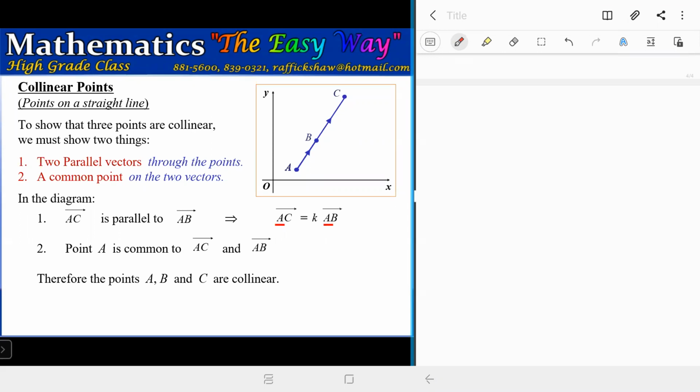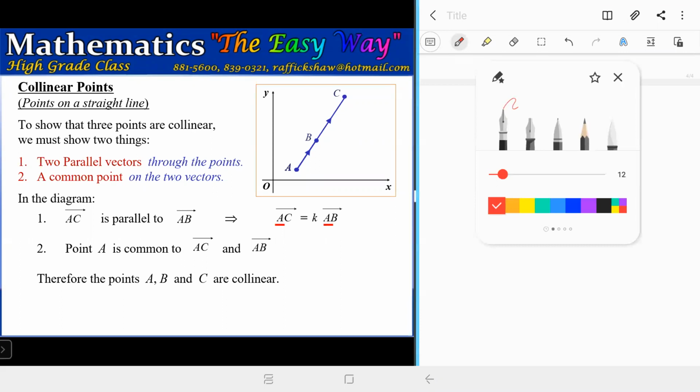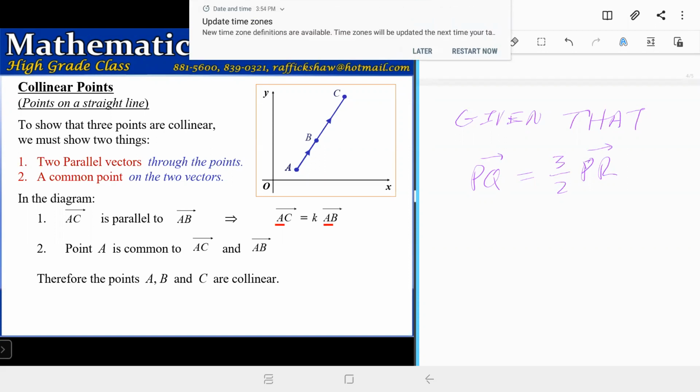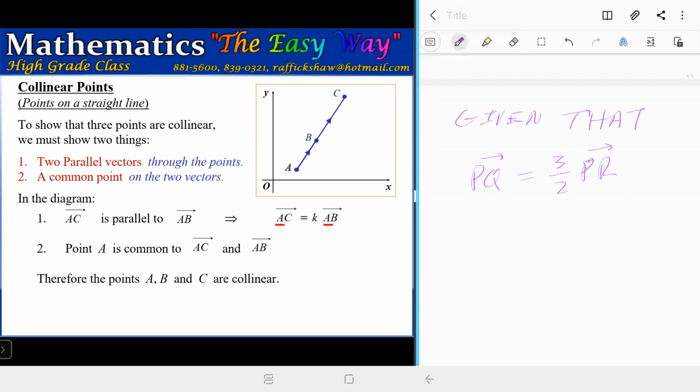Now, remember too, it can also be a case where they give you a relationship and you have to know that the points are collinear. So if a question said, given that PQ is equal to 3 over 2 PR, and asks me what is the relationship between P, Q, and R. It must be that they are collinear.